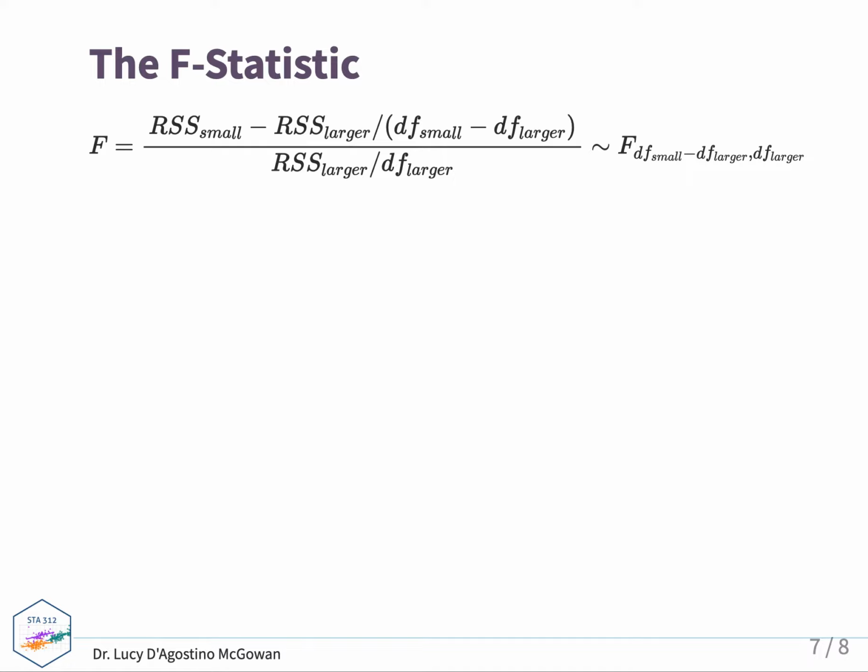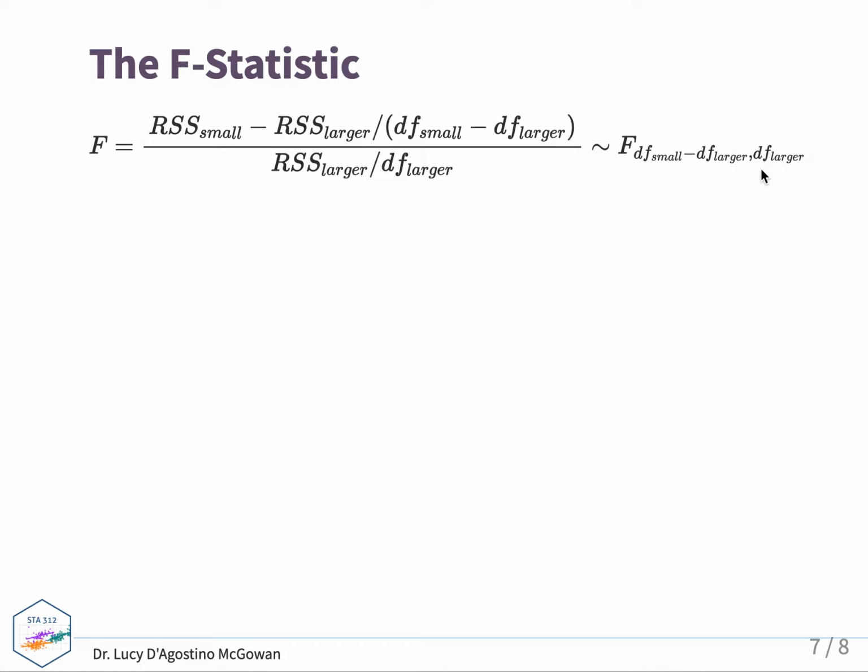And then we'll compare this to an F value from the F distribution. We find the constant by looking at the F distribution where the first parameter is the numerator degrees of freedom, that is, the degrees of freedom of the small model minus that of the large model.